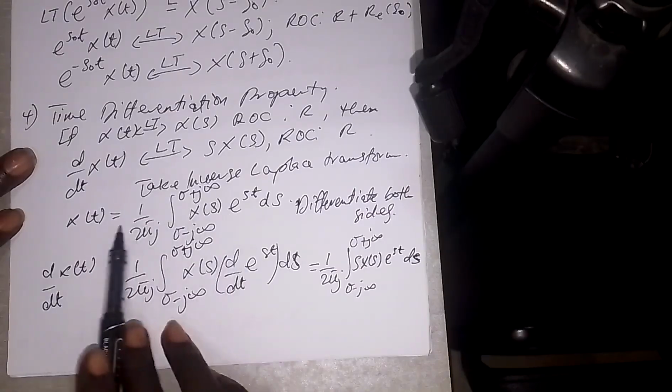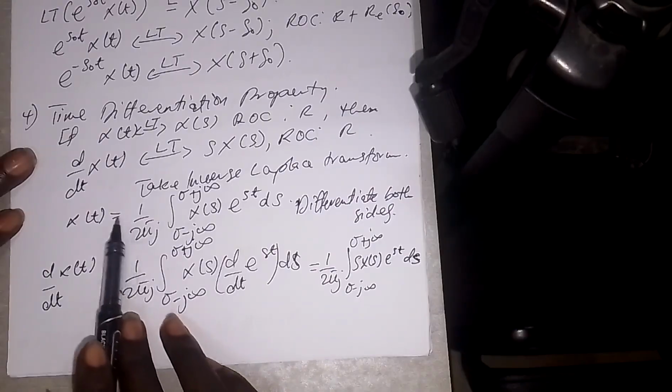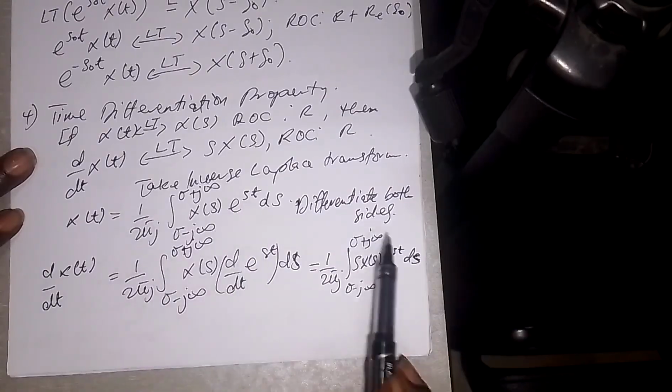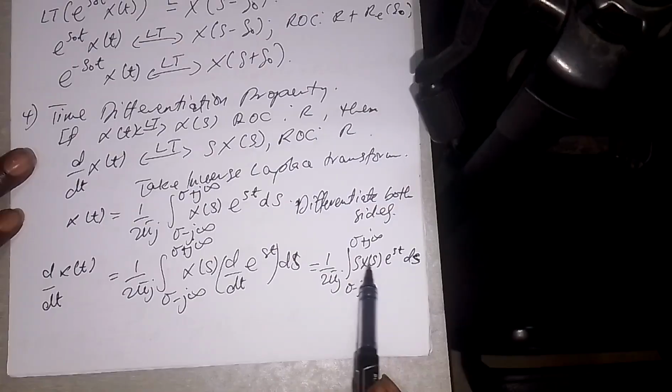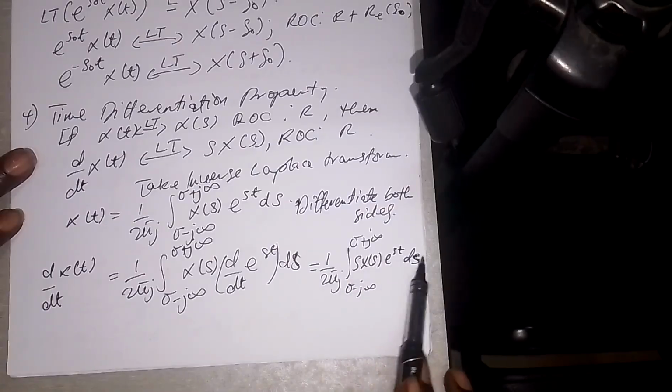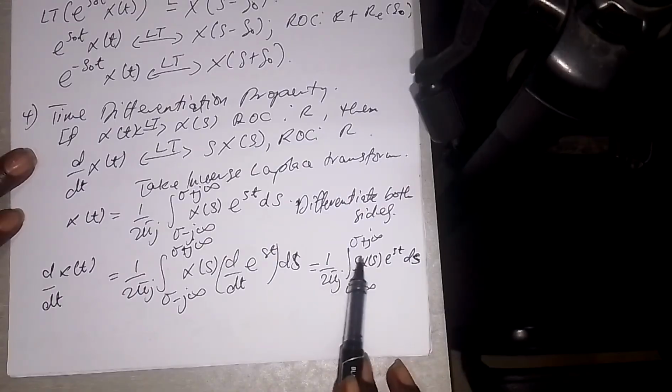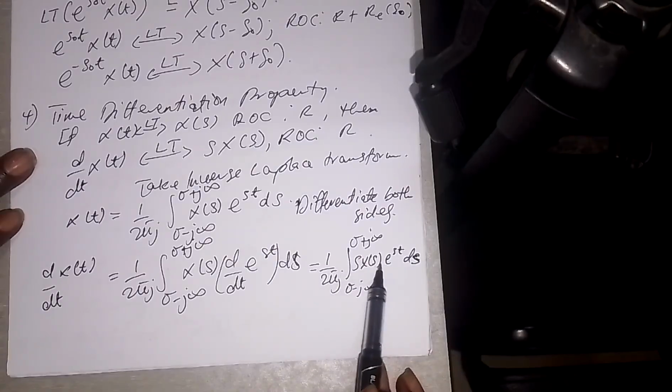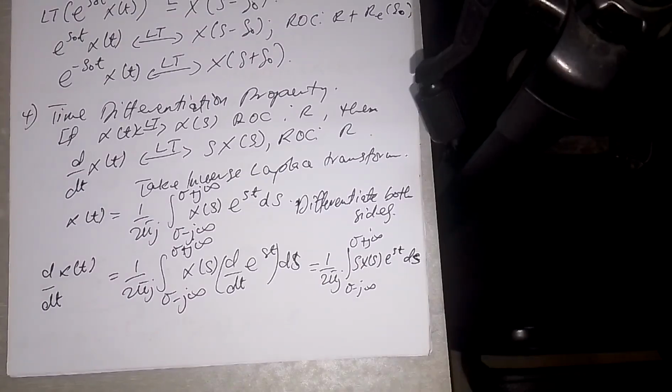And I know that x of t is the inverse Fourier transform of X of s. So I can remove the whole equation and write x of t.